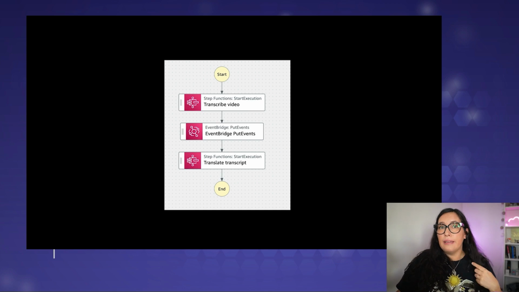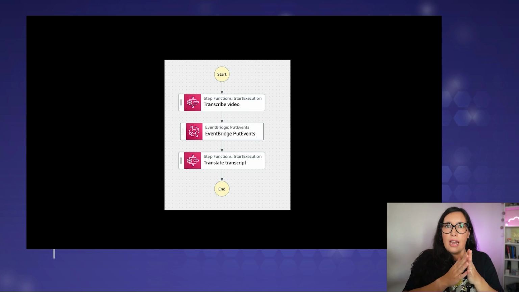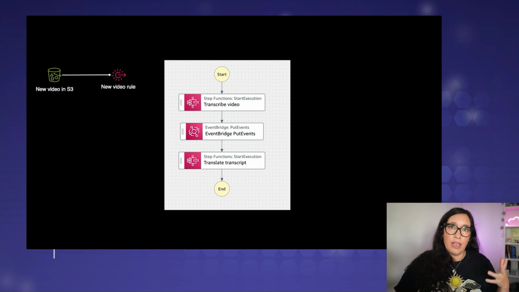But this is what is happening in this scenario of the big state machine. Here you can see that I have 2 nested state machines together, the transcribe and the translate. There are 4, so I'm omitting part of it. But let's go step by step at what will happen here. I will upload a file to S3, a new video, and that will trigger the state machine.